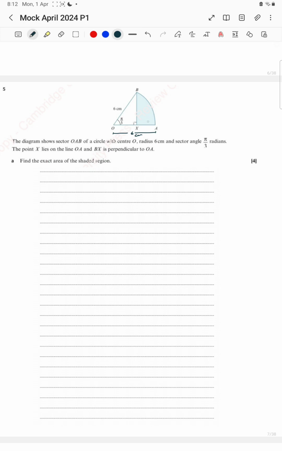So it is very much clear that for the area of the shaded region, if I can get the area of this whole sector OAB, like here, area of sector OAB minus area of triangle OBX or OXB, then I will get the shaded area, right?